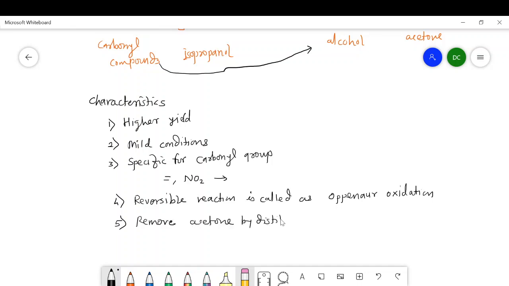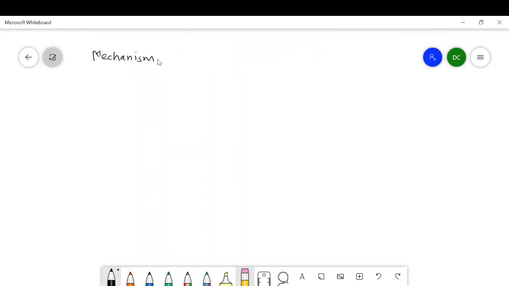Then and only then the reaction gets carried forward, or we can use excess of isopropanol. When we use excess of isopropanol, then the reactant side easily gets converted into the product and we get a higher yield of the product. These are the characteristics of MPV reduction reaction.